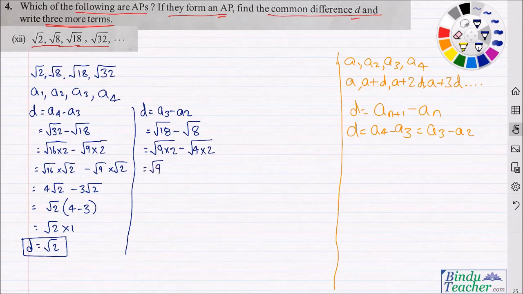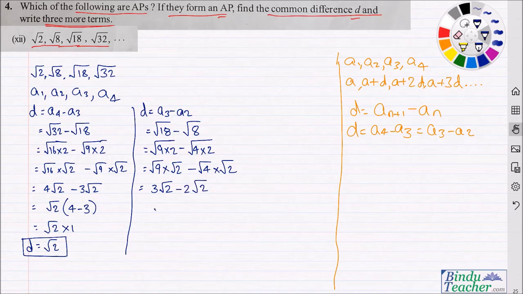This becomes root of 9 into root of 2 minus root of 4 into root of 2, which equals 3 into root of 2 minus 2 into root of 2.